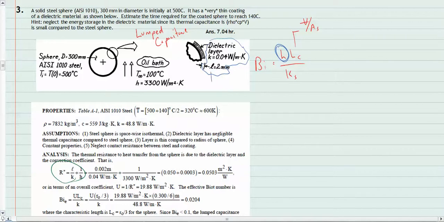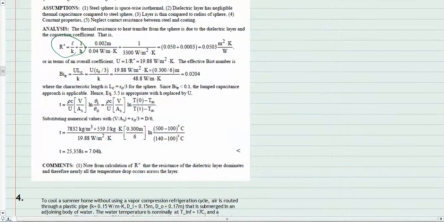I would have preferred that they not label this an L, but rather call it a T for thickness as a point of clarification. As you walk through the problem, I think it's straightforward as long as you get this relationship. And these relationships I would expect you to know, boxed in red.